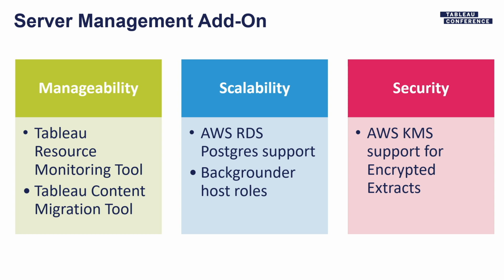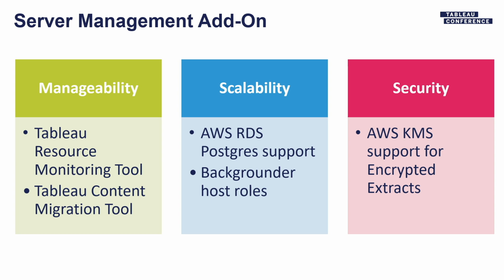There's a scalability stream to the Server Management add-on. It allows you to offload your Tableau Server Postgres repository, which is the repository inside of Tableau that stores metadata about users and workbooks and permissions and so on, and run that inside of AWS RDS. So that will take one more service off Tableau Server, which means less resource consumption.